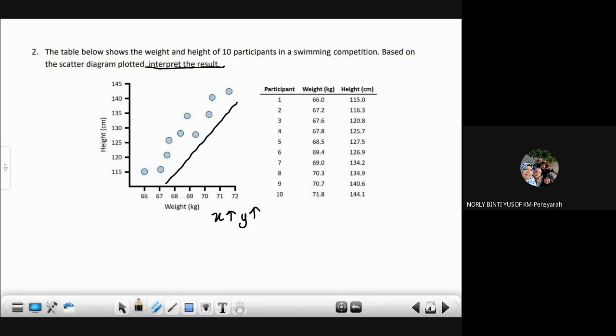So you will interpret the result as X and Y have positive linear correlation. Okay, that means use the scatter diagram to interpret the result ataupun interpret whether you have which type of correlation.